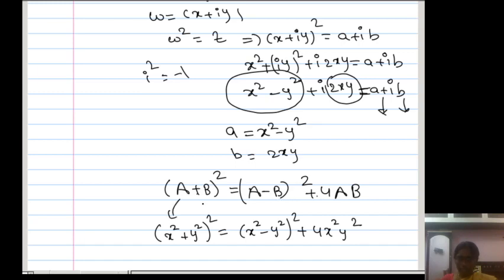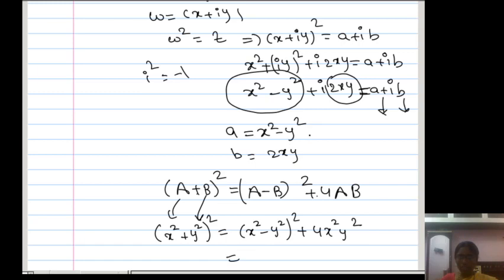Instead of a, x square, instead of b, y square. Capital A is x square, capital B is y square. I am applying the same formula here. So finally I got here (x square plus y square) whole square equal to (x square minus y square) whole square plus 4 x square y square. This I have written like this.